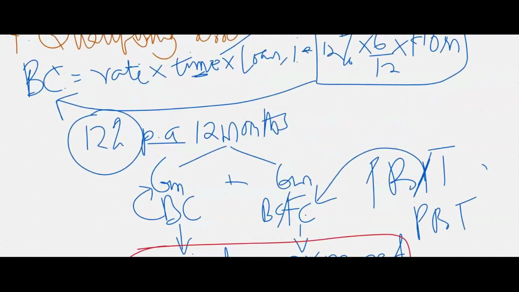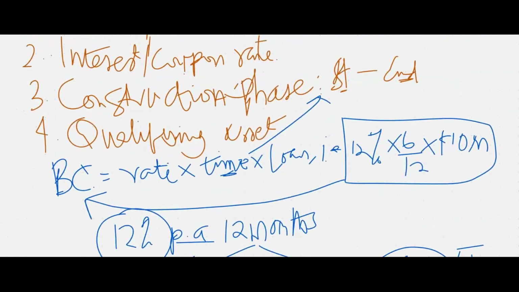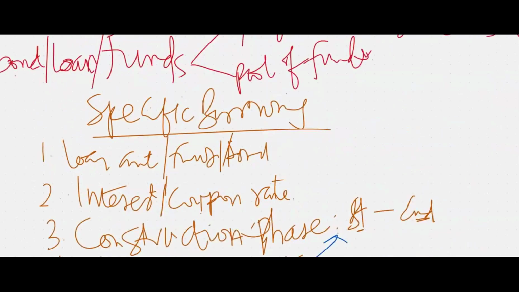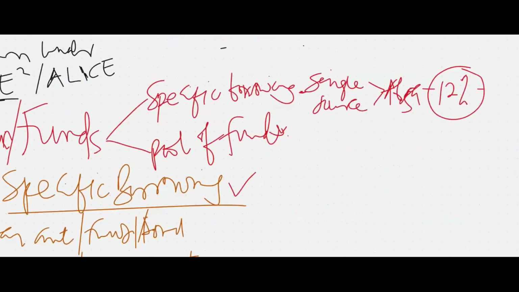Now, I was speaking on the specific borrowing, which is this. That's a specific borrowing. Now, pay attention. Specific borrowing means the business borrows the money or the bond from only one source. But the pool of funds represents that the business borrows from multiple sources.